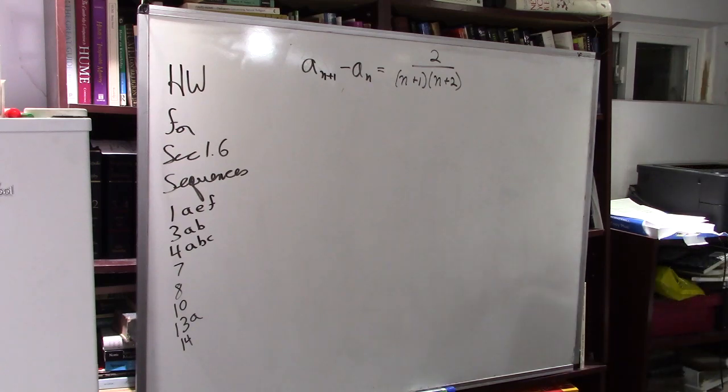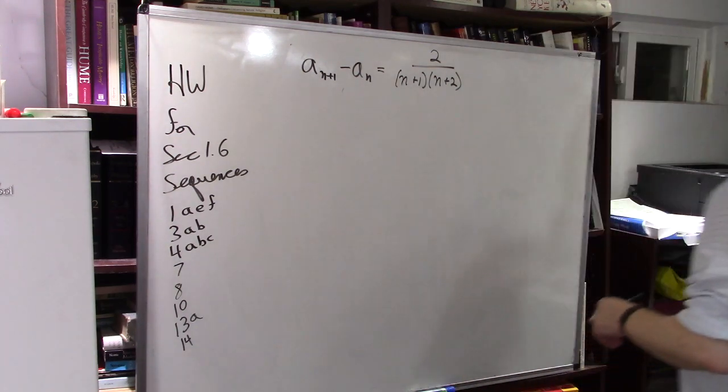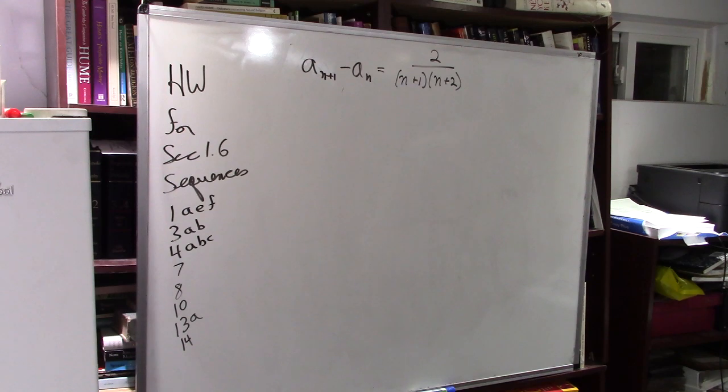Okay, and they want us to show that this is true for all n. So let's do it. So let's just think what a of n plus 1 is.